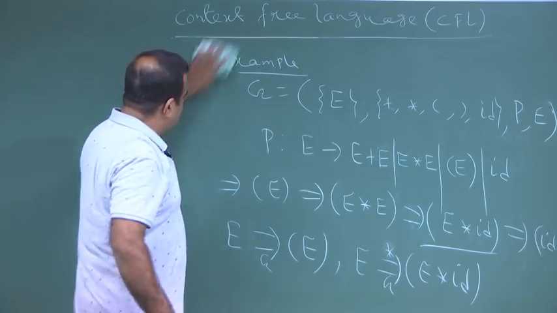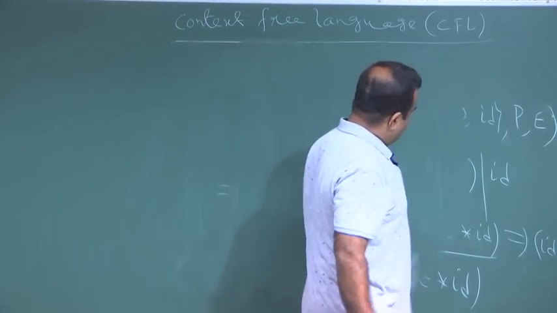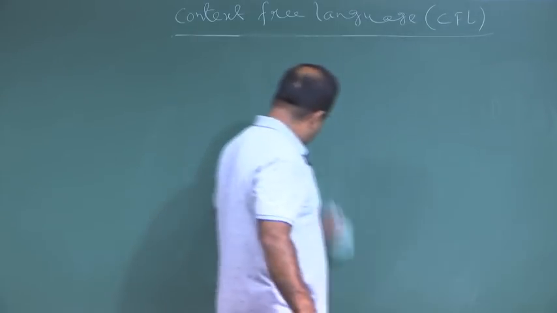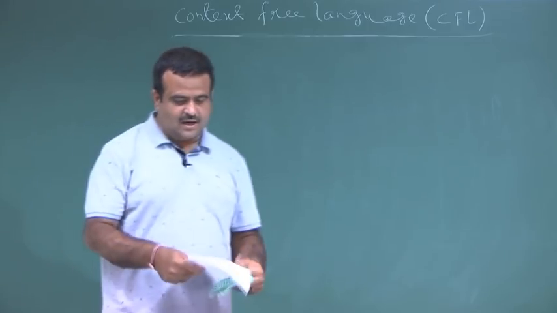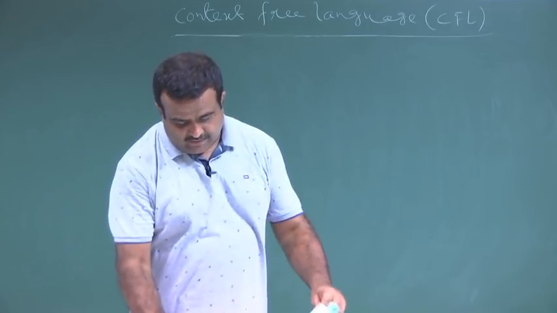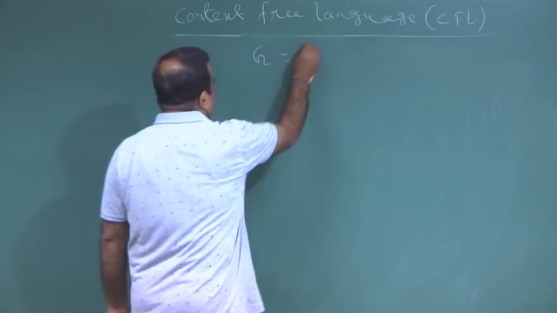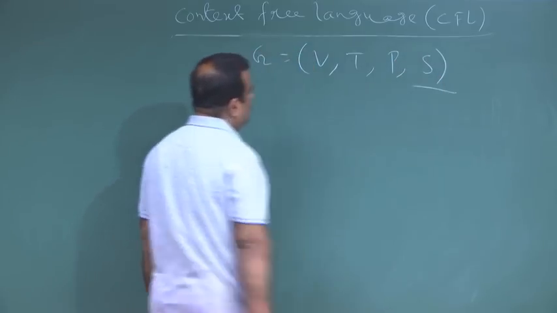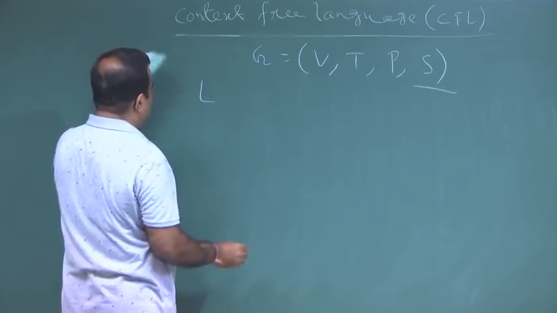Now, based on this star we can define the language generated by G. What do we mean by the language generated by G? This is denoted by L(G).